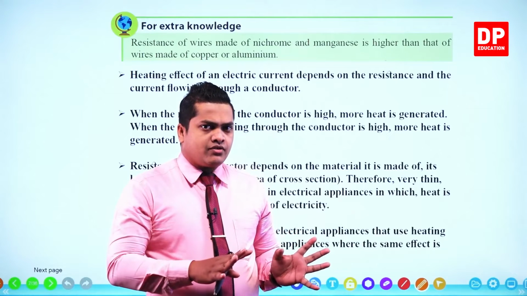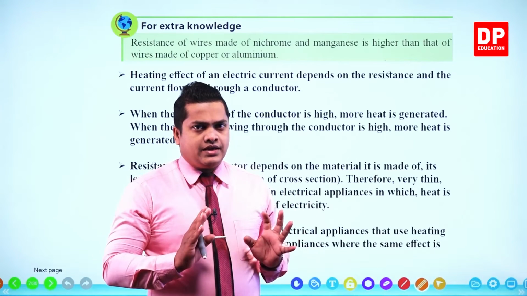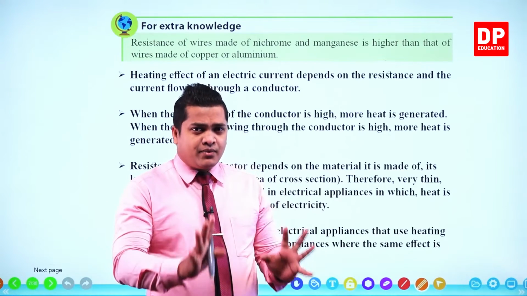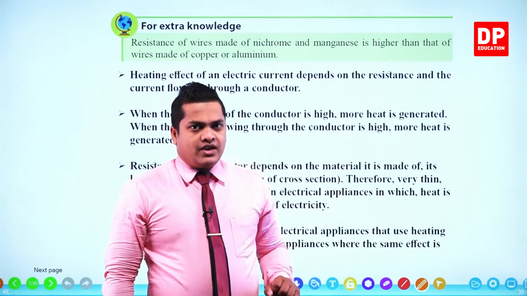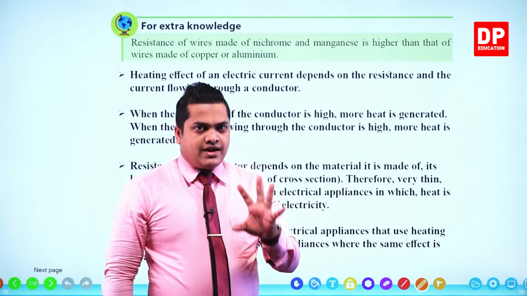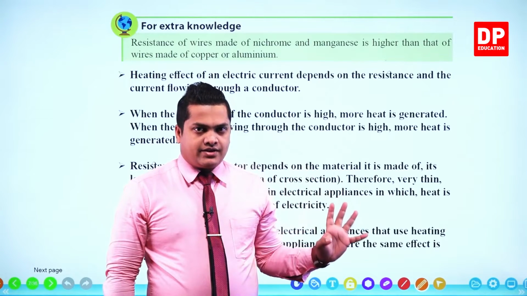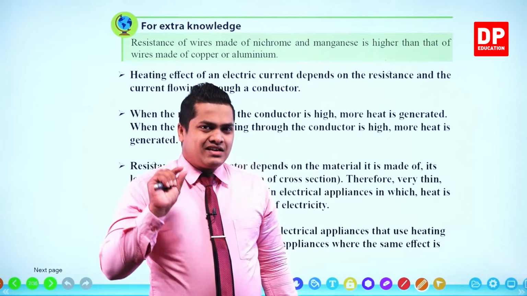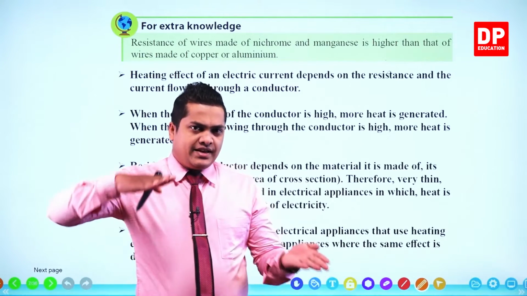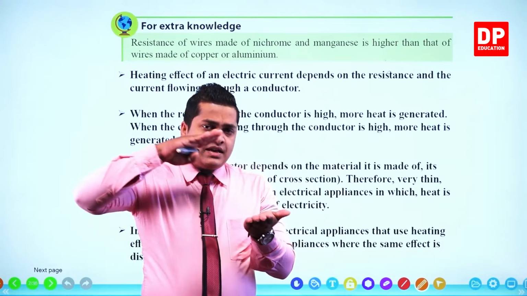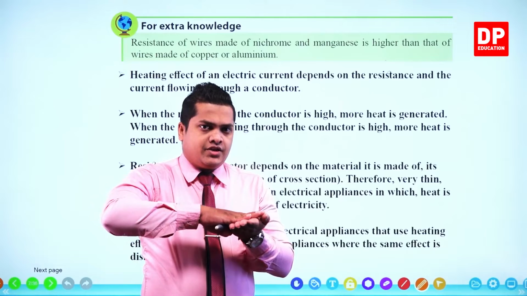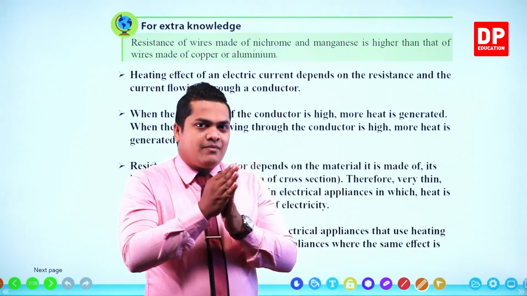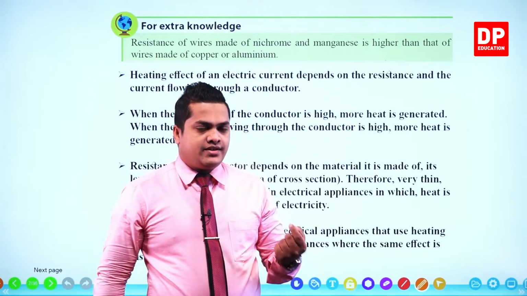I told you about electrons to give you an idea that these electrical charges are also a type of very tiny material. So when these tiny particles pass at a very high speed through a certain surface, like when we rub our hands quite fast, you could feel that heat is getting generated.